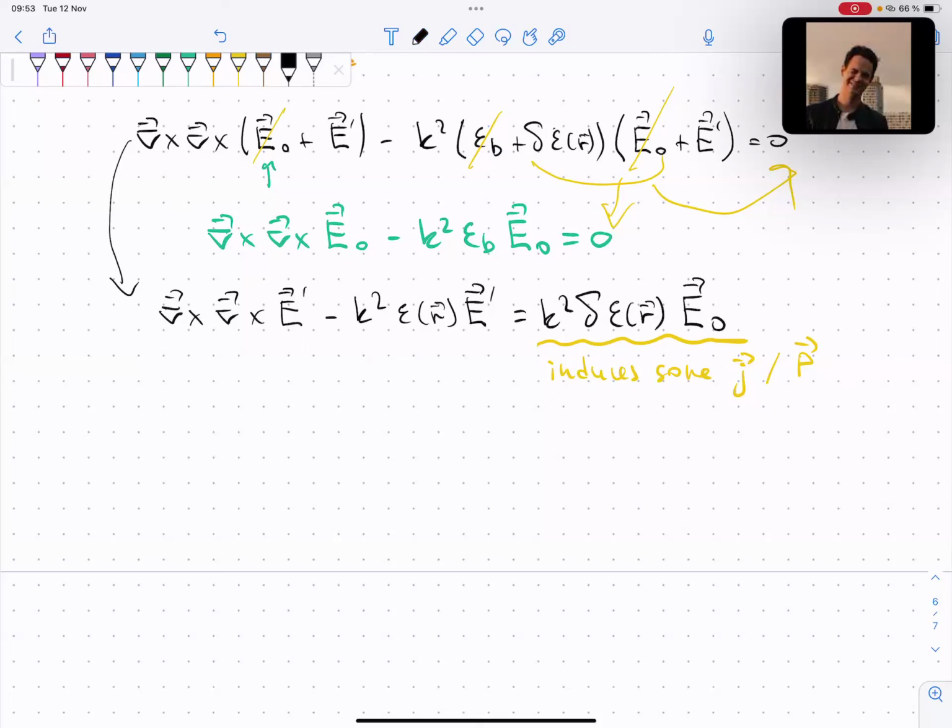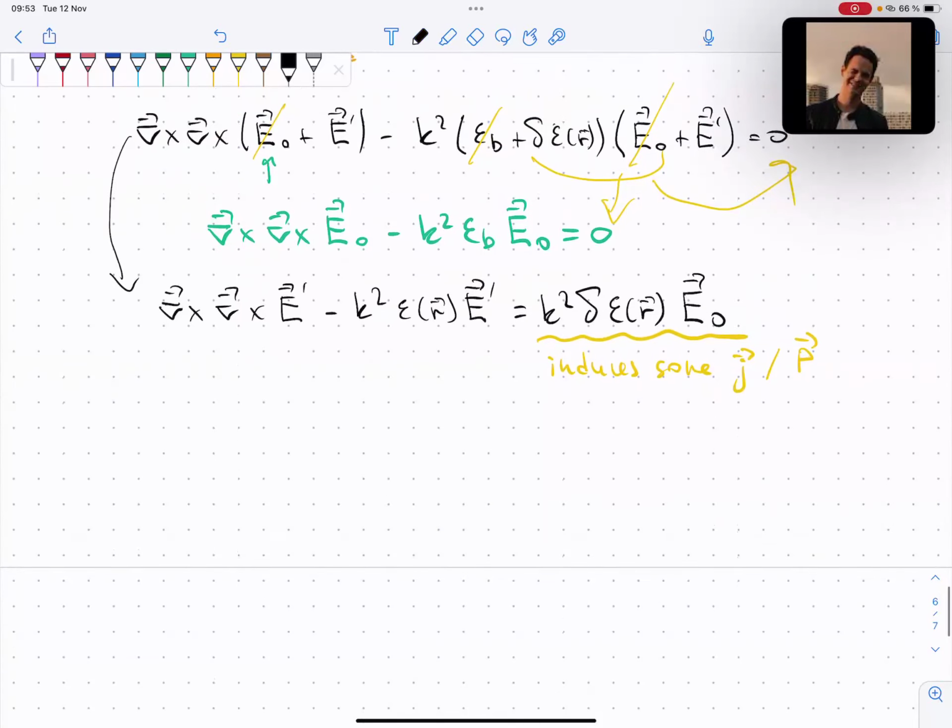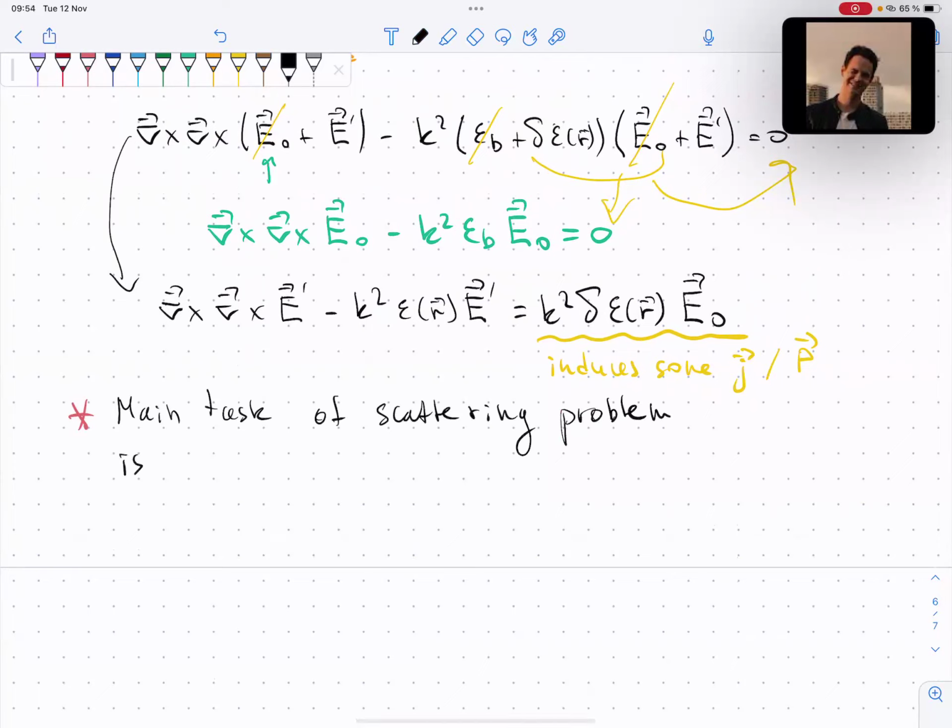And actually, when we solve the scattering problem, the main task of every scattering problem is to find this scattered field.